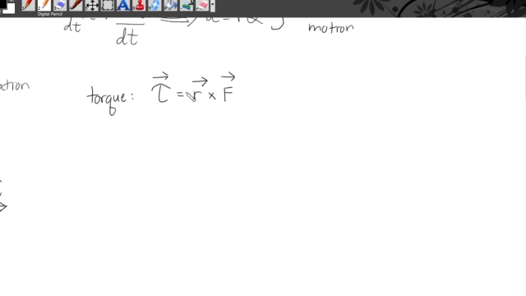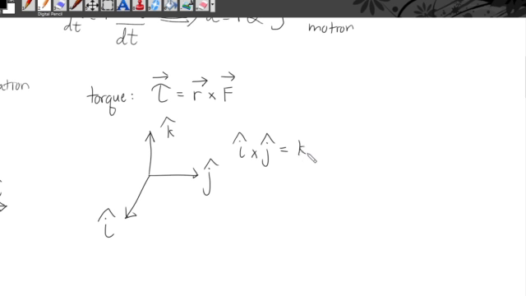And if you're new to cross products or you don't know what it is, well, basically how it works is there are three axes. So normally this is called the x-axis, this would be the y-axis, and this would be the z-axis. But in vector stuff, we would call this i hat, j hat, k hat. And so basically, how torque works, or cross products in general, is i hat times j hat is equal to k hat.